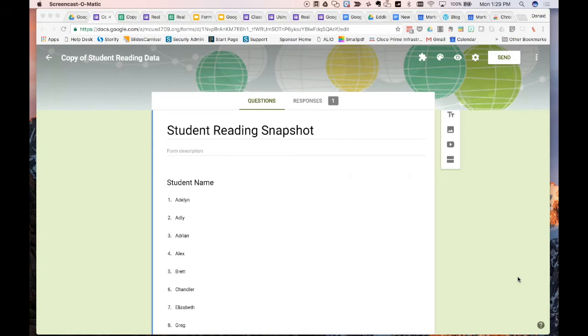This example is one that I call real-time data collection, for lack of a better word or phrase. And really what I mean by that is Google Forms allows you to build a form that, when students are presenting, when students are reading, whatever skill it is that you are assessing, allows you to capture data.